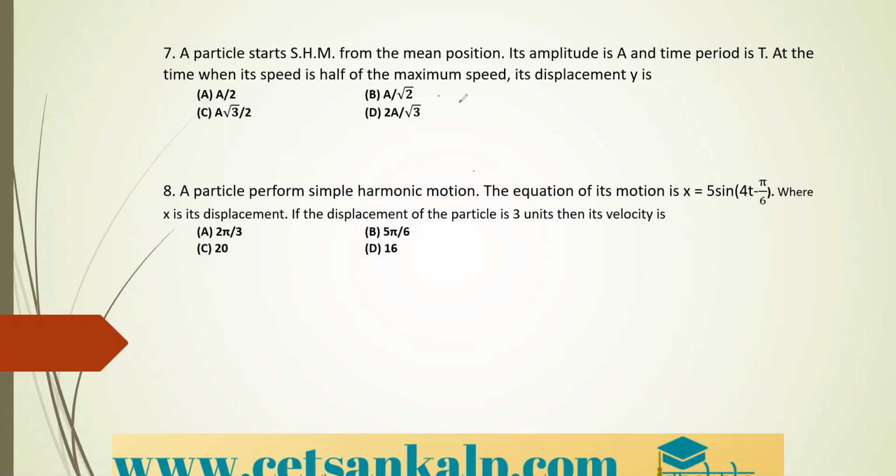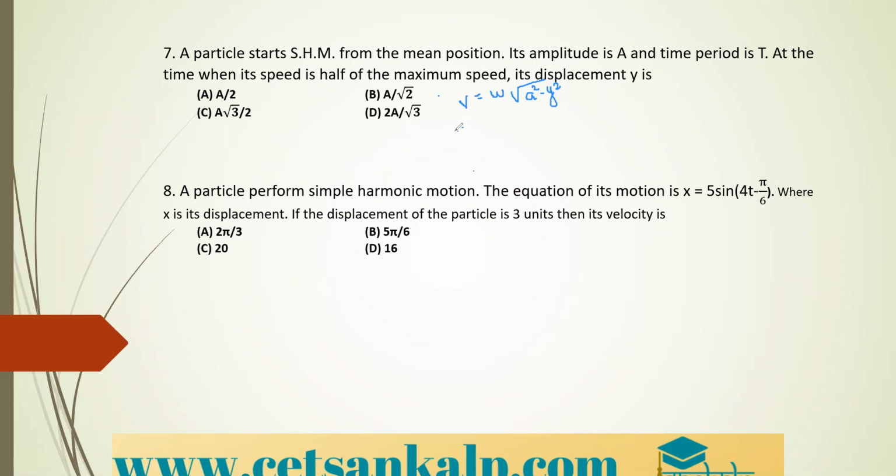We can do it like v is equal to, what is the formula? Omega root of a square minus y square. Just now we have seen this formula. What they are saying is our speed, that is the v value, is half of the maximum speed.